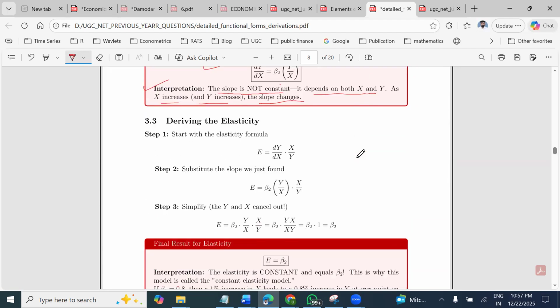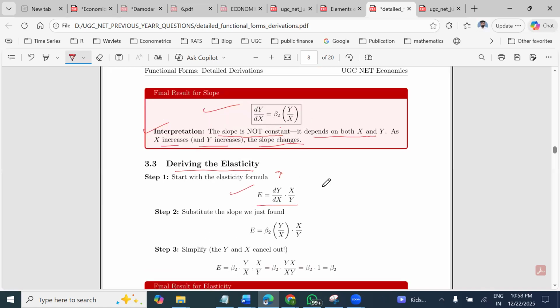How are we saying that in a log-log model it is a percentage change? Now it will be clear, this step, when we derive the elasticity. Already we know the formula dy by dx into x upon y. Already you have calculated dy by dx, that is beta 2 into y upon x.